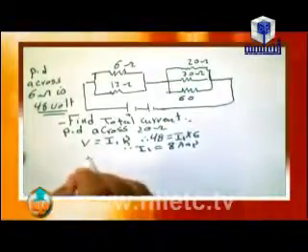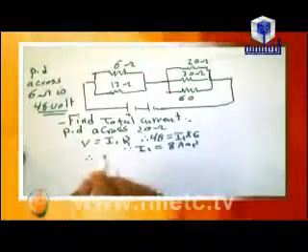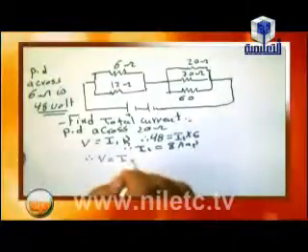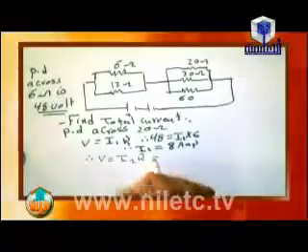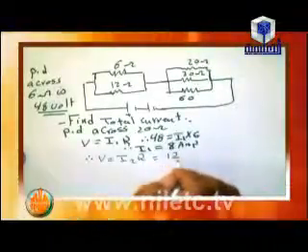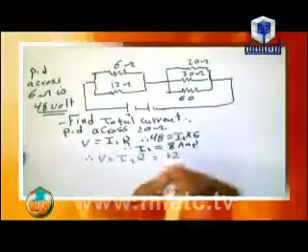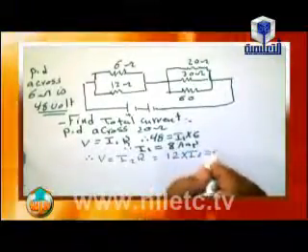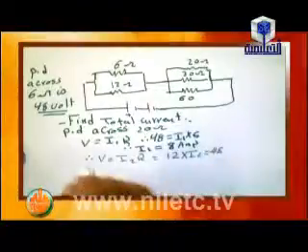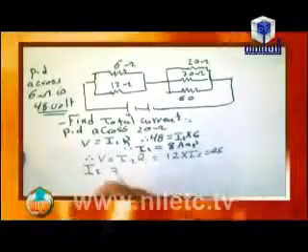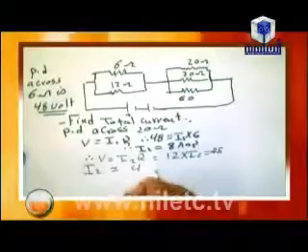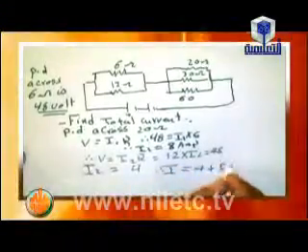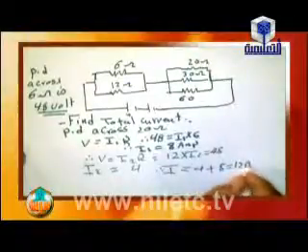Then we can also find the current passing in the 12 ohm: V equals I2 R, so 12 times I2 equals 48, then I2 equals 4. Then total current equals 4 plus 8, equals 12 ampere.